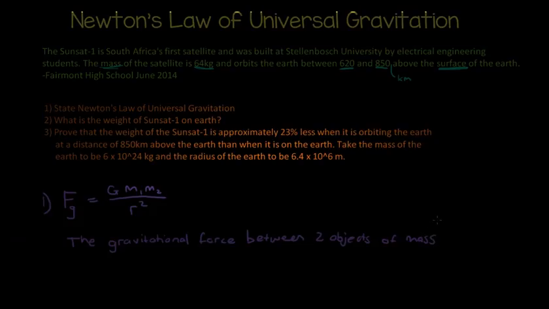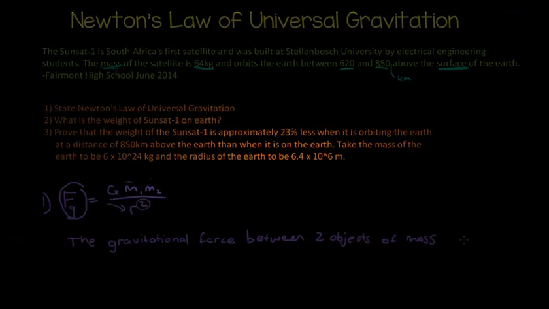Now, when we're saying laws, we never say things like equal to or not equal to. We say things like proportional or inversely proportional to. So the gravitational force between two objects of mass, which is this guy here, is directly proportional to the product of the masses, right? Because they're on the top of the fraction, and inversely proportional to the square of the distance between them. And that's as easy as that. You just read it off the formula.